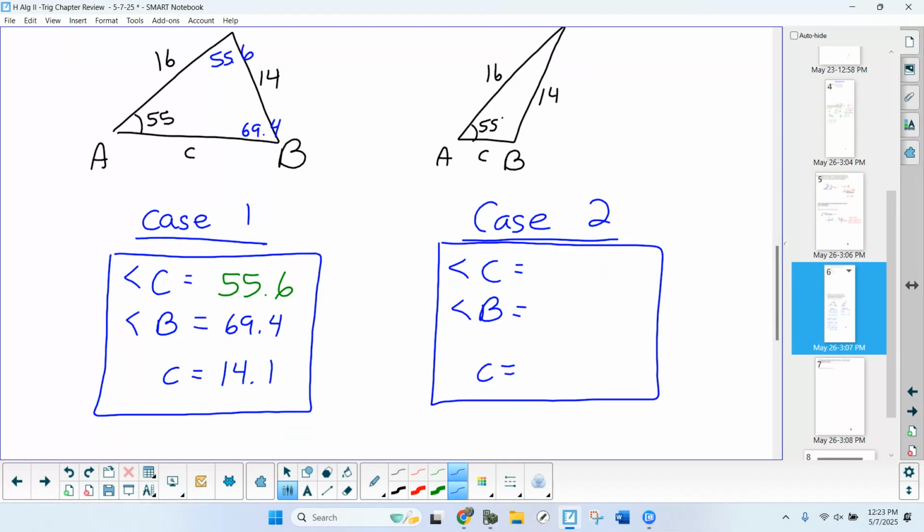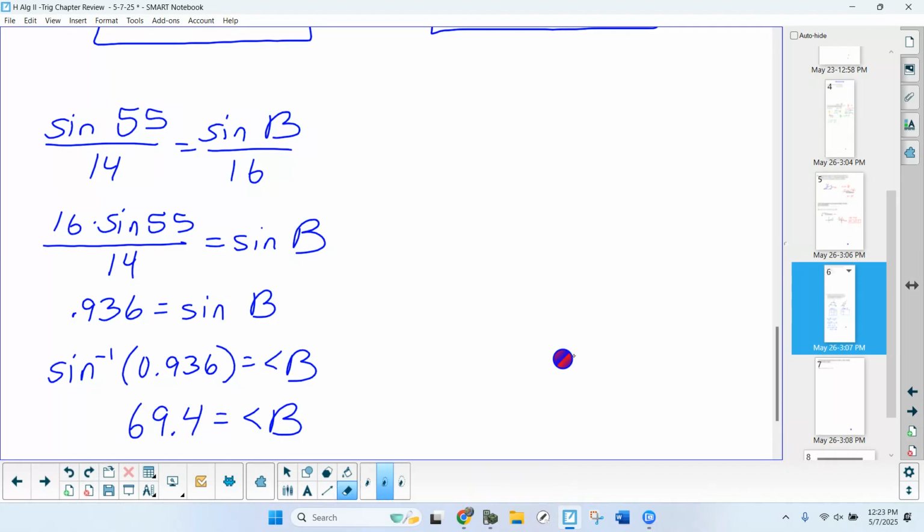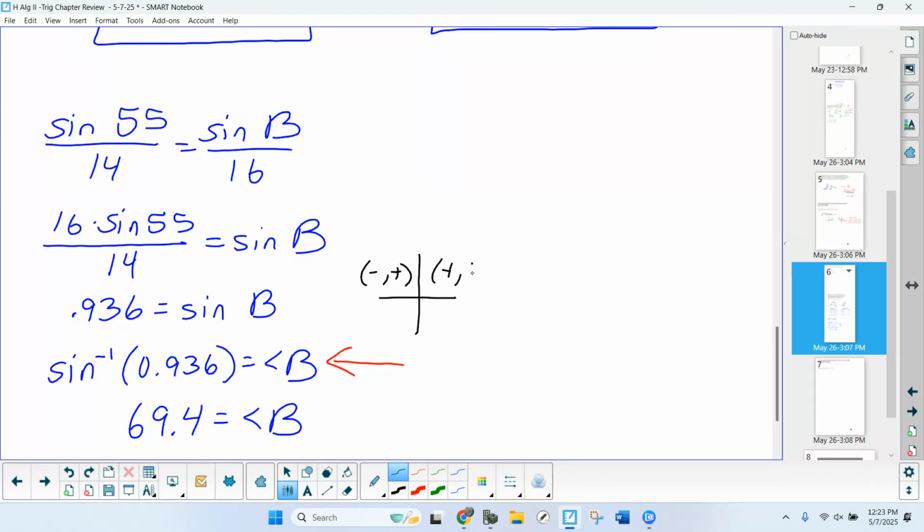And I purposely wrote all of this because this is where my problem exists. Right here. You told your calculator, give me the angle where the sine is positive. Guys, sine is y. Y is positive, x is negative, y is positive, x is positive.